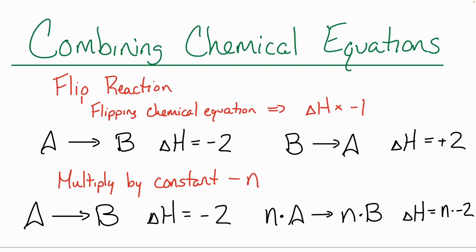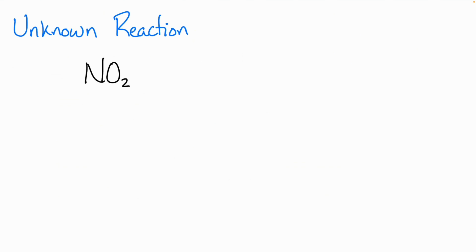All right, so let's play this game now with an actual chemical equation, looking at chemical formulas, all that jazz. All right. I'm going to give you this overall equation. This is my unknown chemical equation that I'm trying to figure out, my unknown reaction. And honestly, for the sake of not cluttering this up, I'm going to leave out my state symbols.